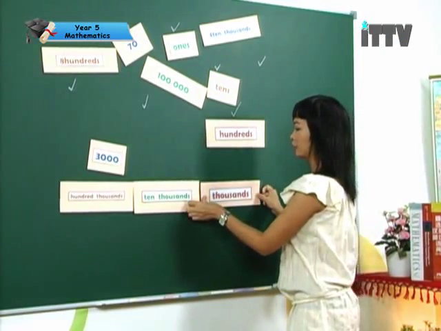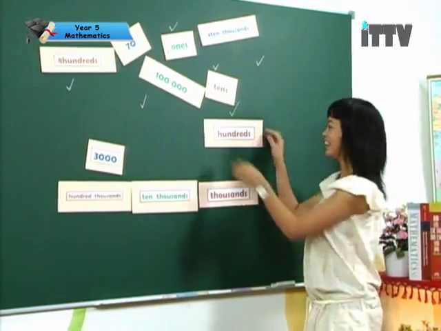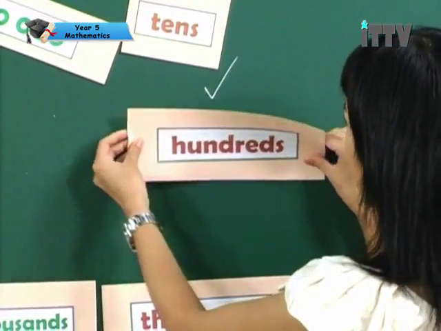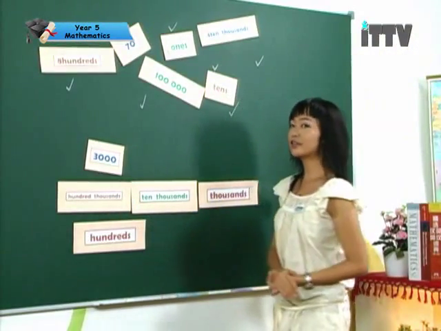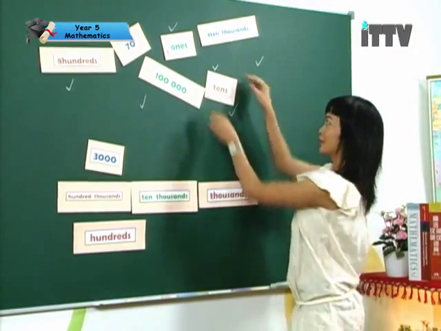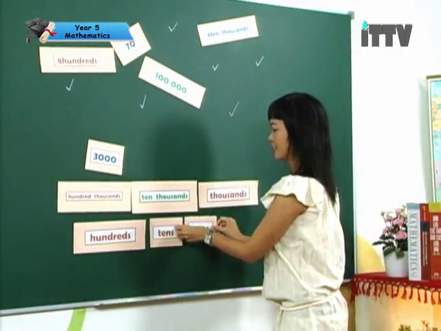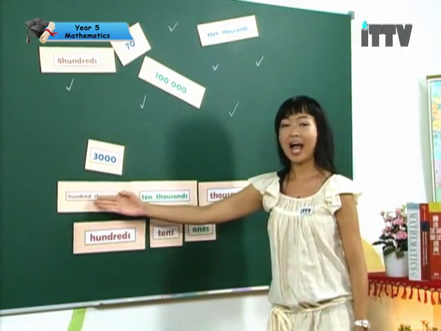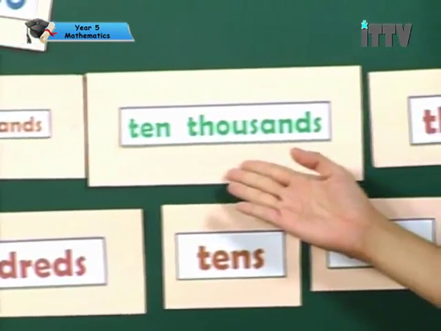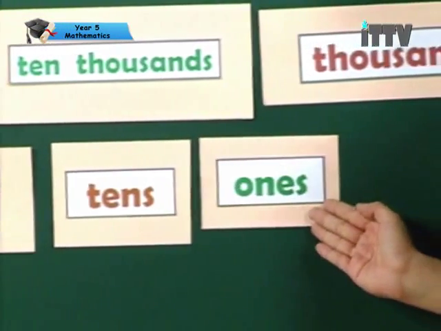Now, what's the place value after thousands? Did you say hundreds? It's right over here. Let's move it right down here. And what's after hundreds? Of course, we have the tens and ones. Tens followed by ones. So there you go, the place value from the largest to the smallest: 100,000s, 10,000s, thousands, hundreds, tens, and ones.